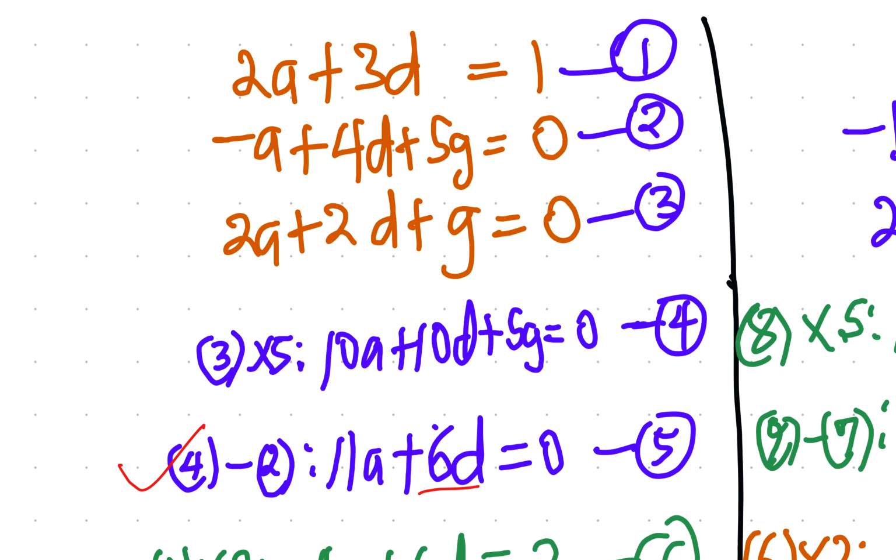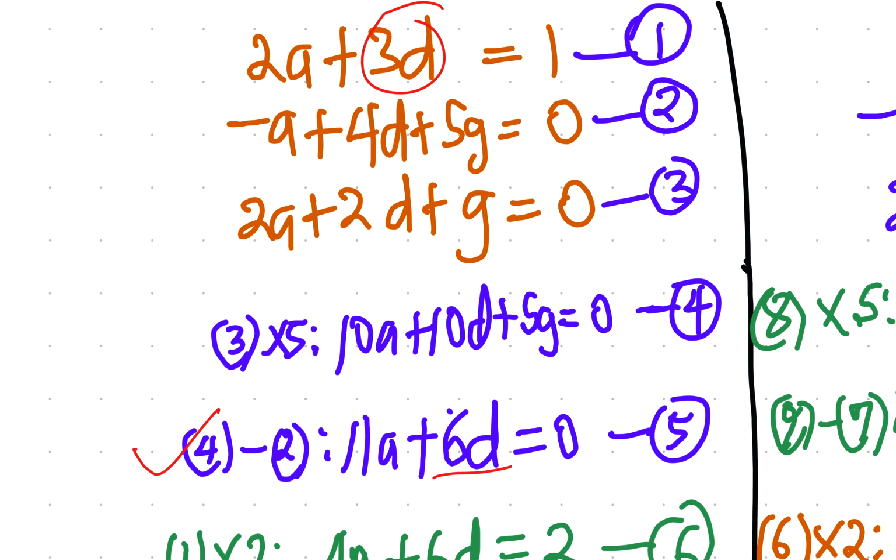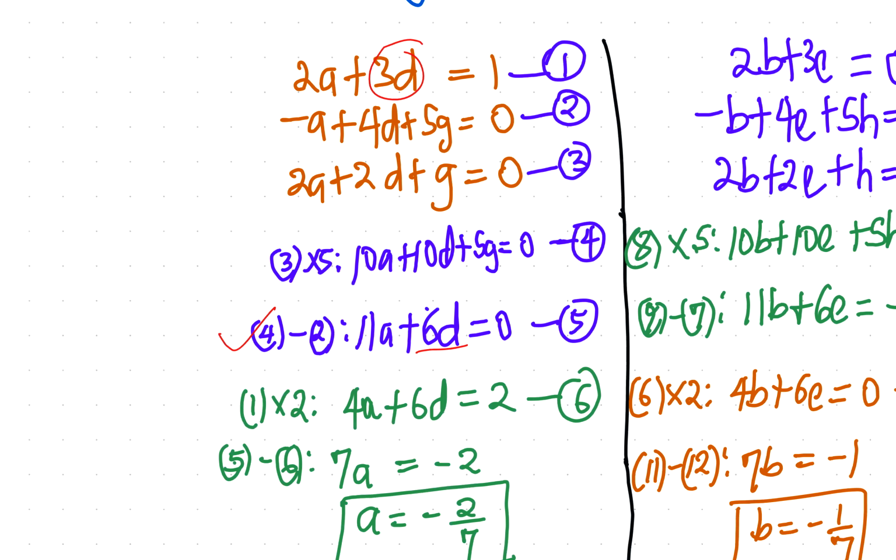Then I multiply this by 2 to bring it up to 6D. So I say equation 1 multiplied by 2. So I have 4A plus 6D equals 1 times 2, 2. Then, of course, we already have 11A plus 6D. So 6D and 6D can easily take care of themselves.